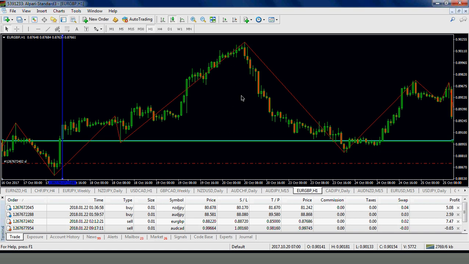So, like your trade here, the Euro British pound, you're up by $7.47. I used to use like 0.50, half a lot, in order to earn that much and then get out of the trade. So you're using 0.01 lot to earn over $7.